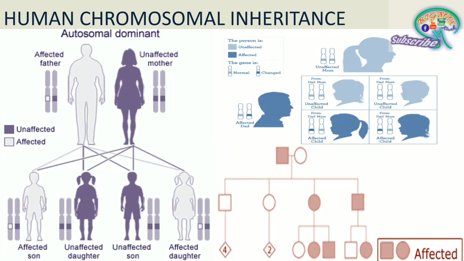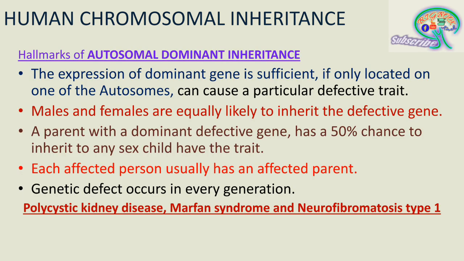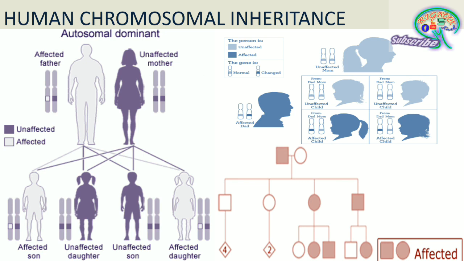Examples are polycystic kidney disease, Marfan syndrome, and neurofibromatosis type 1. Now here, as we have discussed, you can see the affected father. The affected father has the gene on the chromosome which is lighter in color, and the unaffected chromosome is darker in color, and the mother is normal or healthy.